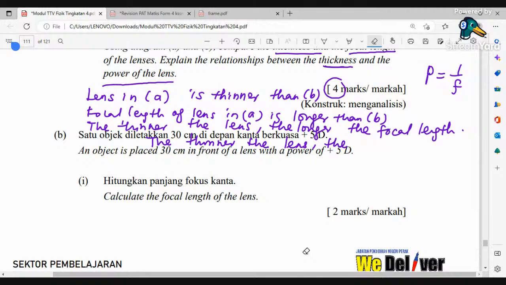Longer focal length means low power. The thinner the lens, the smaller the power. Macam power rendah dia nipis spek dia. Okay, kalau power tinggi tebal.